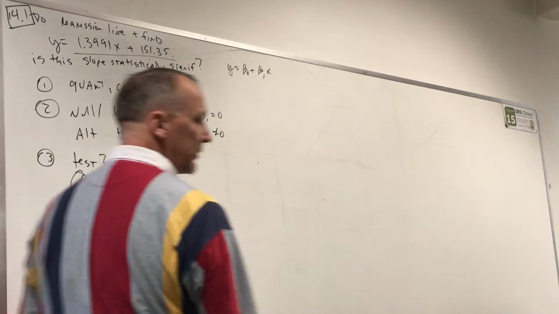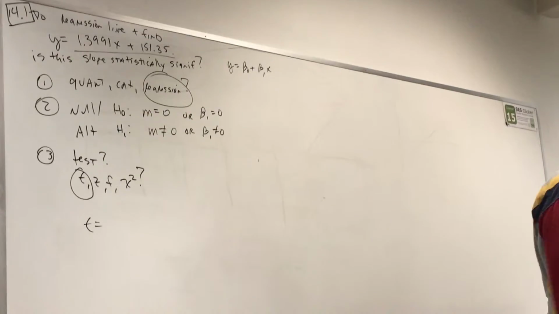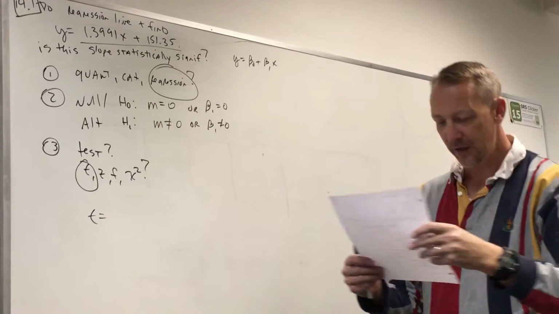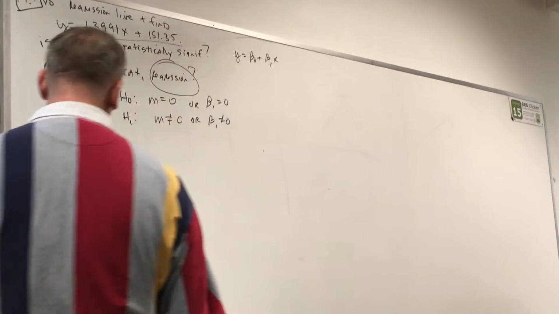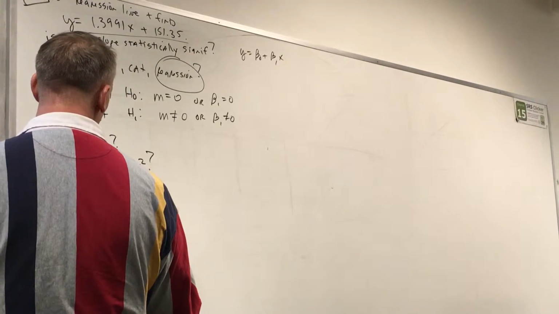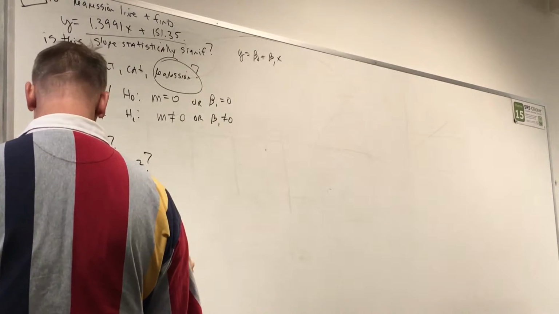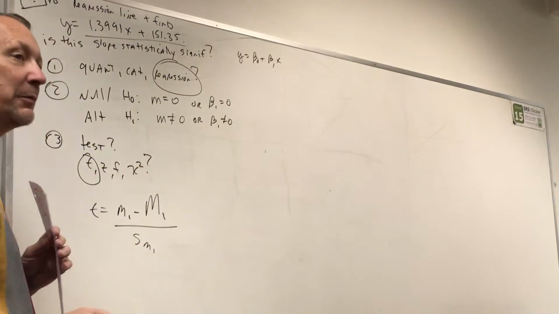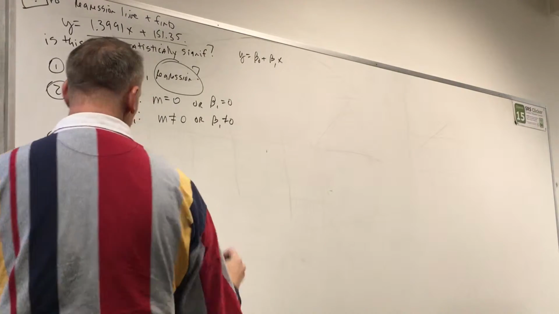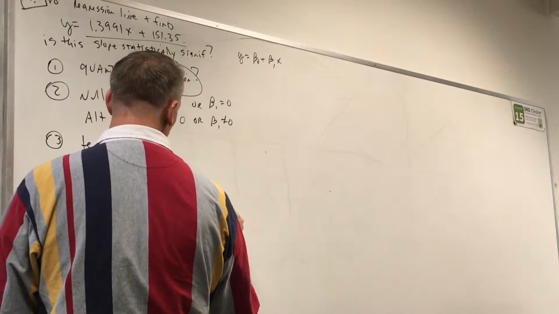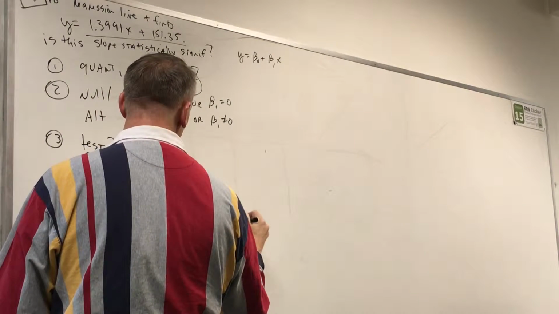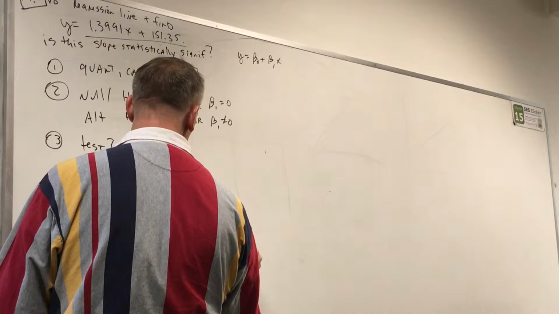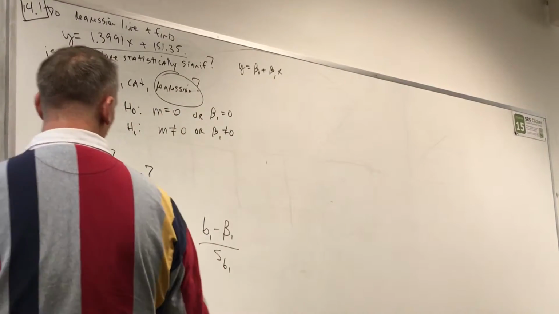So the t distribution, the t formula that you should use is, well, I'm going to give you what I would prefer. m1 minus M1 over S sub m1, okay? Or the book uses, because the book uses betas, b1 minus beta 1 all over S sub beta 1, okay?